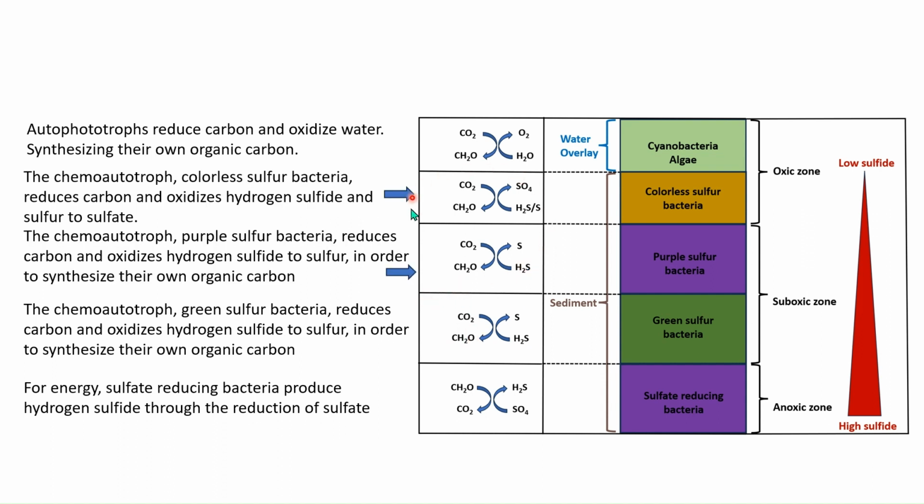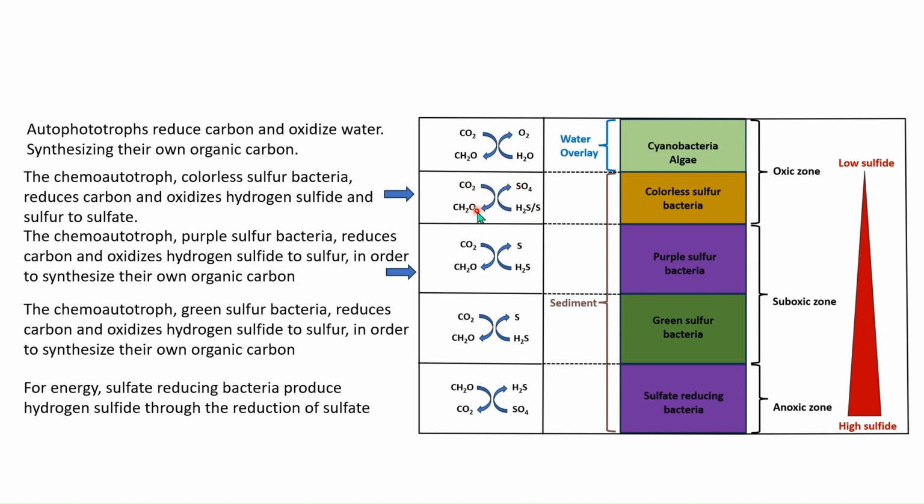These two layers above, now we're going to start going the other way. More oxygen is present. And so these organisms are going to start oxidizing these reduced sulfur compounds. So they will take hydrogen sulfide and sulfur and oxidize them, fully oxidizing into sulfate.